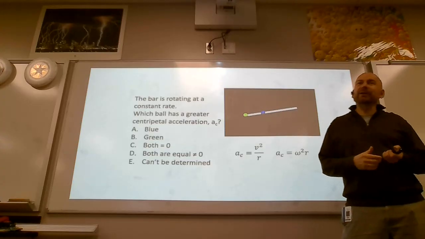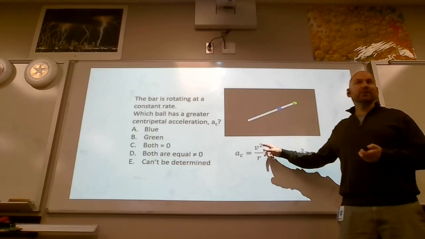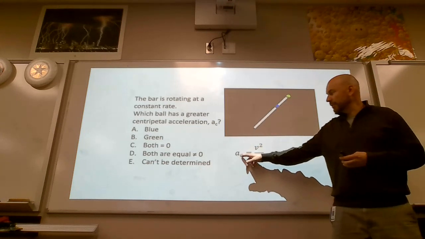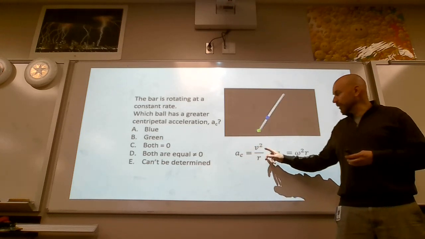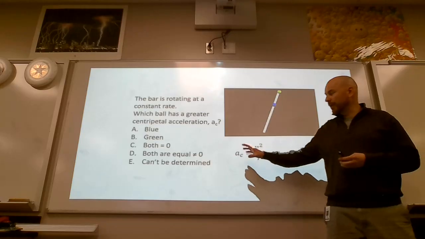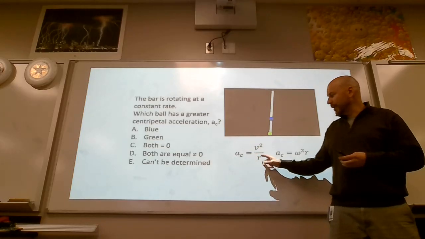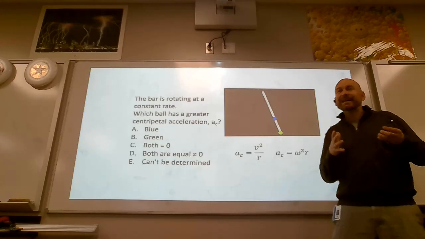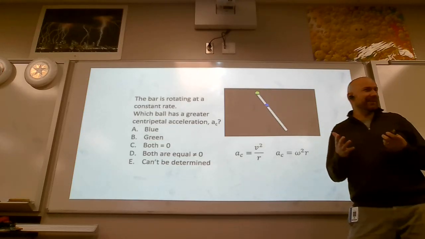Now you might argue, well, the speed is squared, so it has a greater influence. A change in this is going to have a greater effect than a change in the radius, which is true, but you're like, it's still fuzzy. Does that make sense?